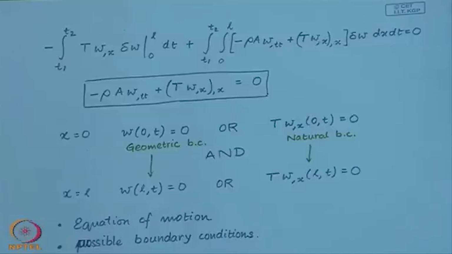This variational formulation is not just an approach for finding equations and boundary conditions. It is also, as we will see later, a method which will lead to numerical methods for computational purposes, and very powerful methods have been based on these variational principles.